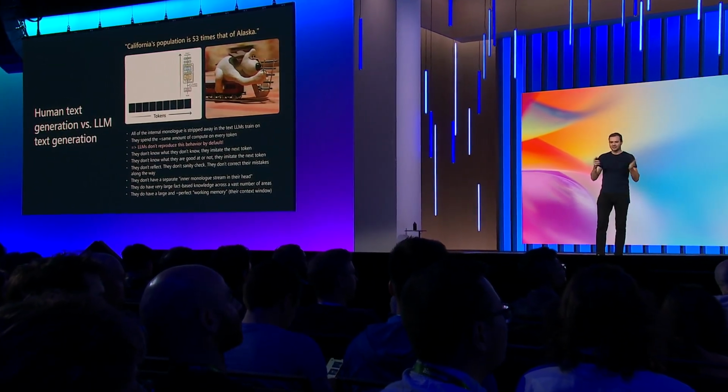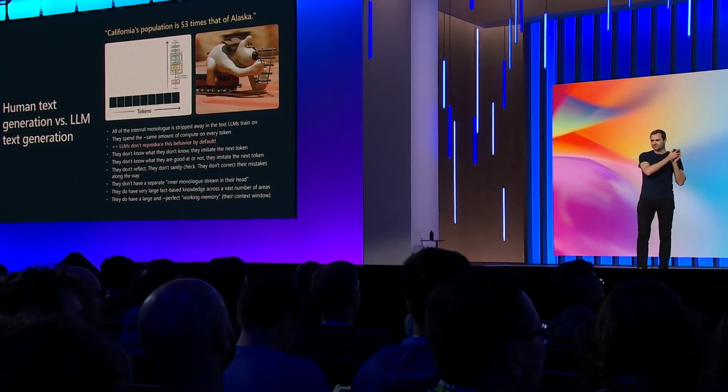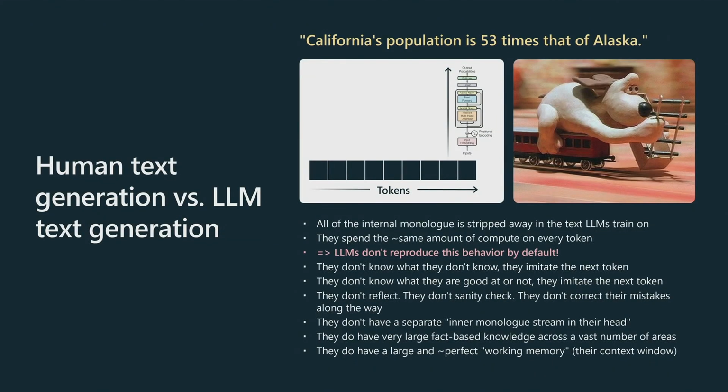Also, these transformers are just like token simulators. They don't know what they don't know. They just imitate the next token. They don't know what they're good at or not good at. They just try their best to imitate the next token. They don't reflect in the loop. They don't sanity check anything. They don't correct their mistakes along the way by default. They just sample token sequences. They don't have separate inner monologue streams in their head, right?